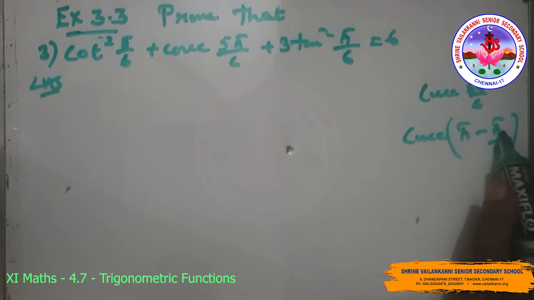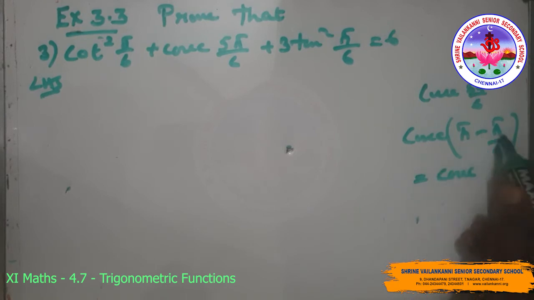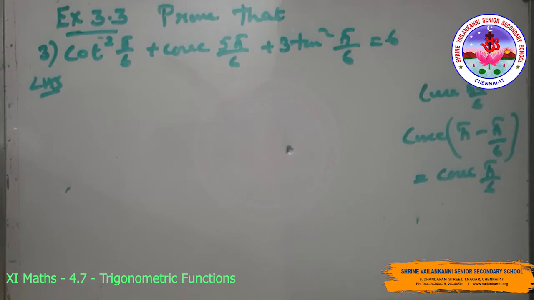So 6 pi minus pi is 5 pi by 6. So pi minus pi by 6 lies in the second quadrant. In the second quadrant sine and cosecant are positive. So cosecant pi minus pi by 6 is cosecant pi by 6, that is cosecant 30 degree.